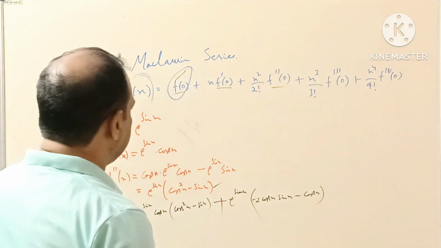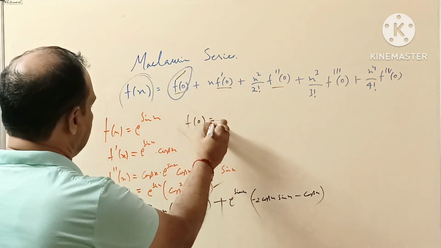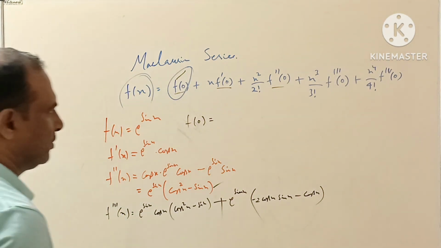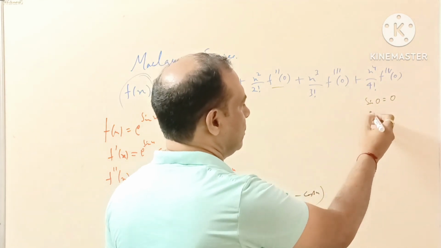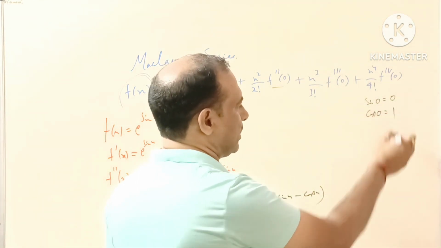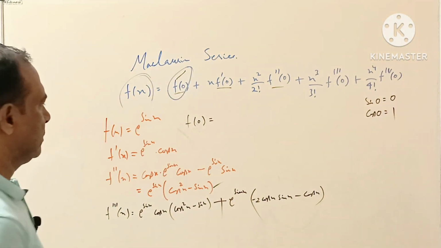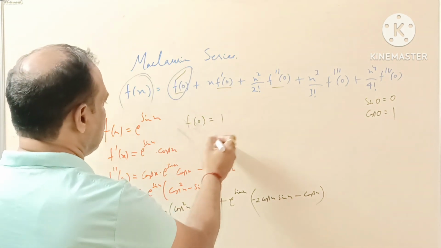Now the next thing is I have to find out the value of f0. Now here f0, when we put x as 0, we know the value of sine 0. I told you earlier in the last example that sine 0 is equal to 0, whereas cos 0 is equal to 1. Okay. Now here f0 is equal to e raised to power 0, which is equal to 1.